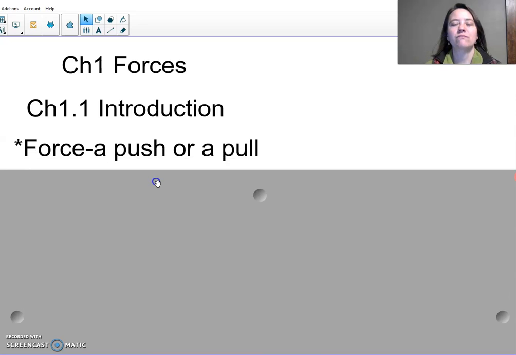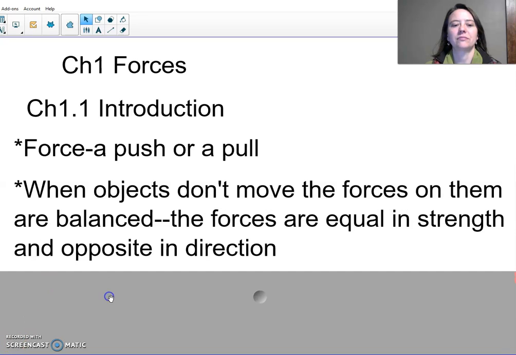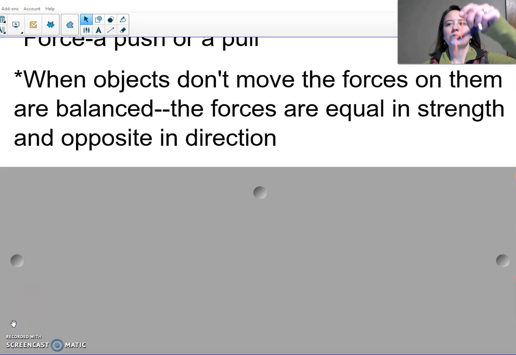As we know, a force is a push or a pull. And please write this down. When objects don't move, the forces on them are balanced. The forces are equal in strength and opposite in direction. For example, if this pen is neither moving up nor down, we know that the forces on it are balanced and they are opposite in direction and equal in force.